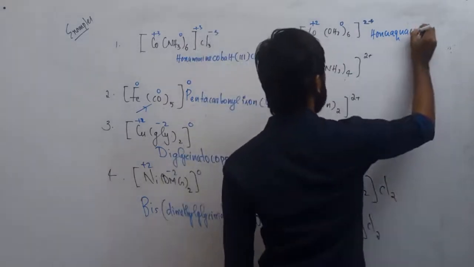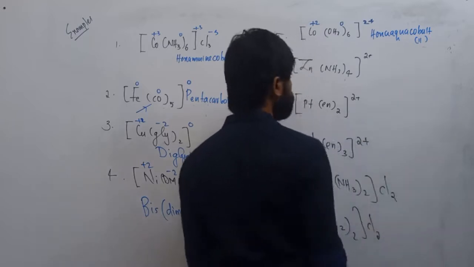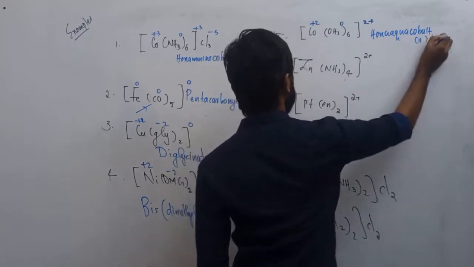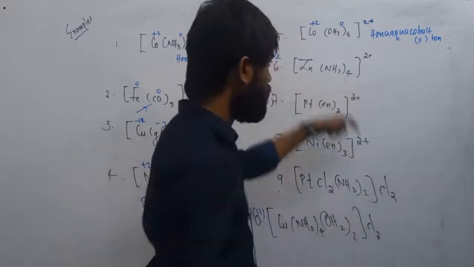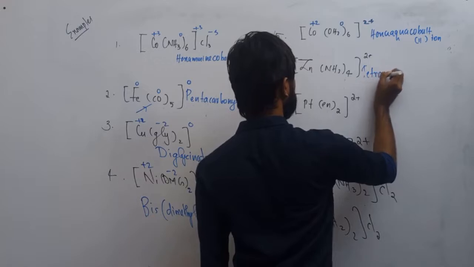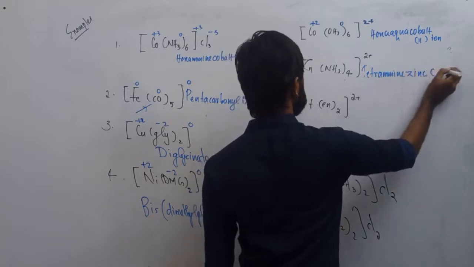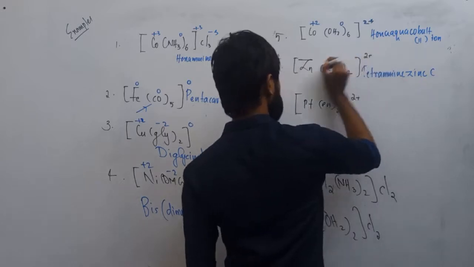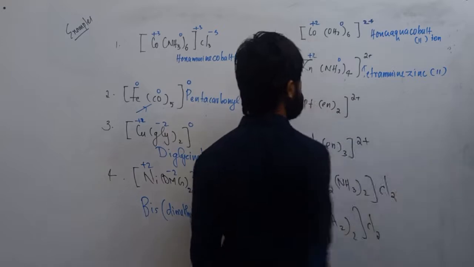Hexaaqua cobalt 2 ion. The next is also a cationic complex where the ligand is amine. So that is tetraamine. Zinc is enough. Cationic complex. The Hall charge is +2. Amine has 0 charge, so the +2 is offered by zinc. So the zinc is in 2 oxidation state.